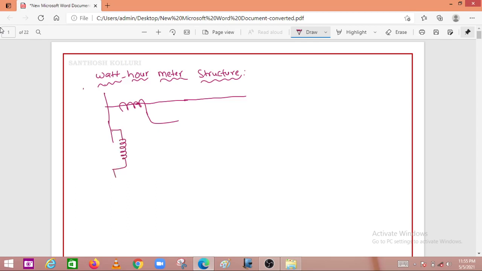So this is the CT and PT, used for calculation of current and voltage for the relaying purpose, and this will be given to this watt hour meter structure relay. So it is having this type of construction.